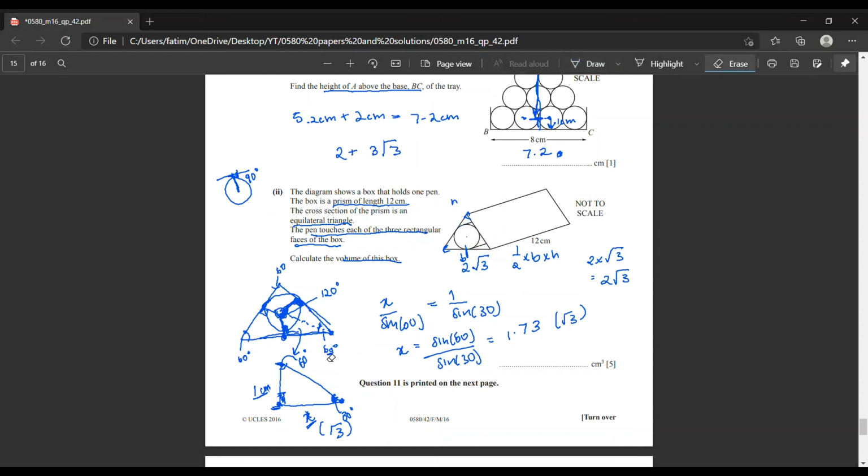I'll just erase this a bit. We can take this region here, and we know that this length here is root 3. We know that this length will be 2 root 3, and we can find out what this will be using the Pythagoras theorem. So again, I'm just going to clear up the area a bit.